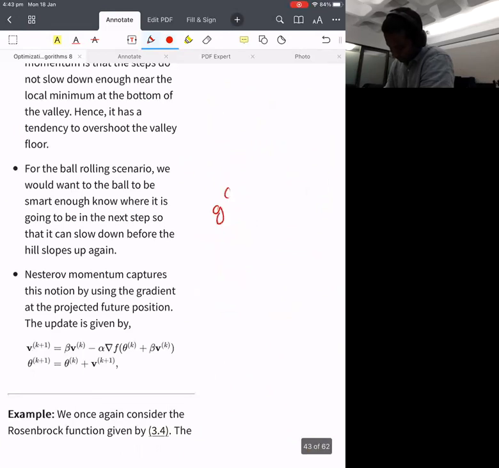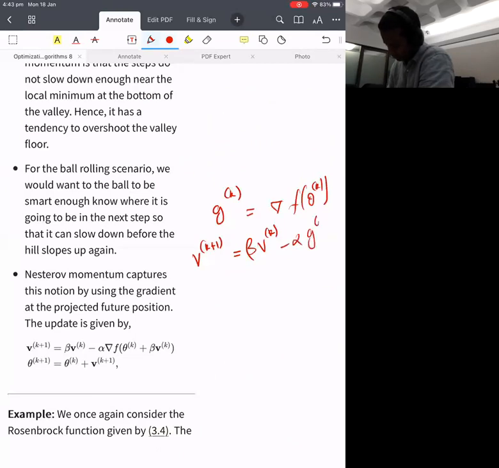So g of k is the gradient of f at theta k, right? And in the momentum method, we have this as the first equation: v of k minus alpha times g of k, where g of k is the gradient here, the gradient of f at theta k.